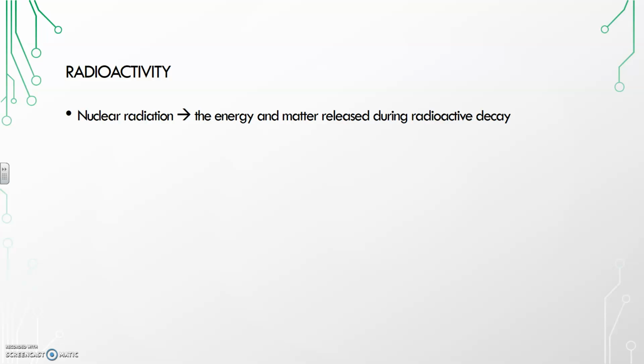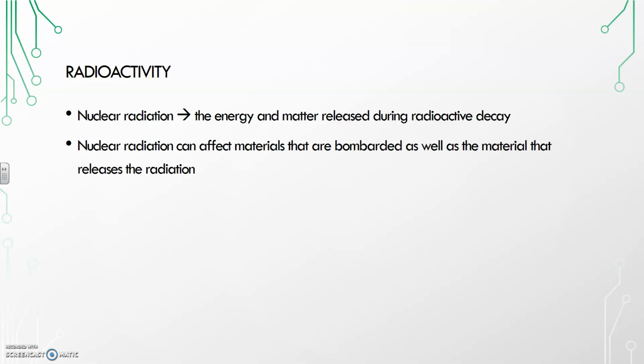When the nucleus of an atom starts to break apart, it releases that nuclear radiation. So it can affect materials that are bombarded as well as the material that releases the radiation. It'll leave behind a different atom than when it started, and then anything that it hits or bounces off of, it'll affect as well.